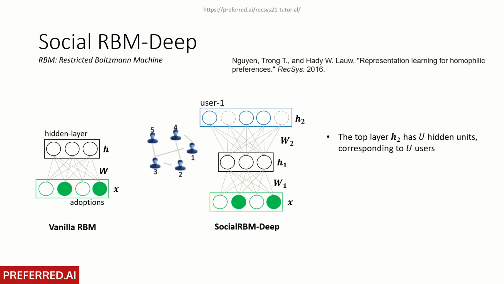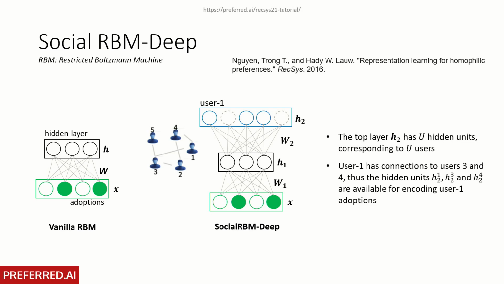What is good to notice here is that this last hidden layer has actually as many hidden units as the number of users. And then for every user, we activate only the units corresponding to his friends. So you see how the social network information here directly affects the architecture of the model.